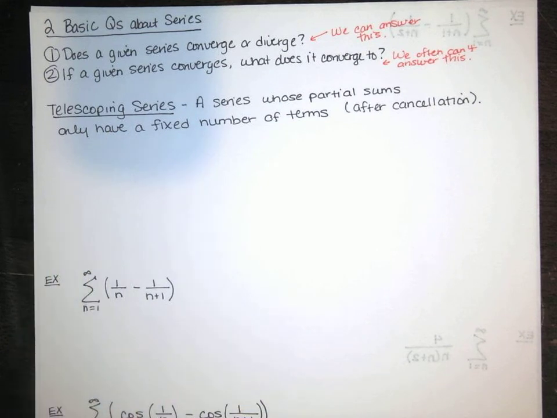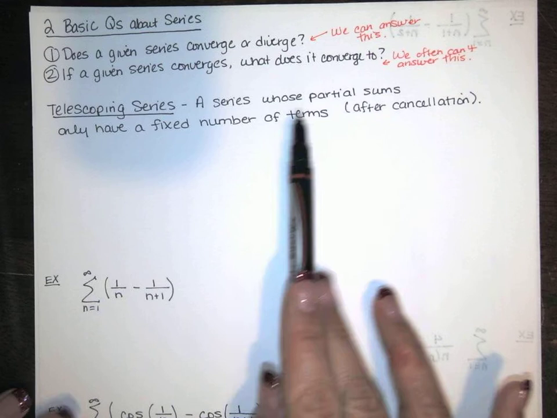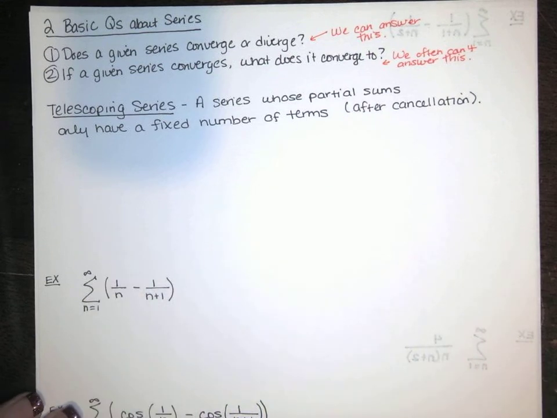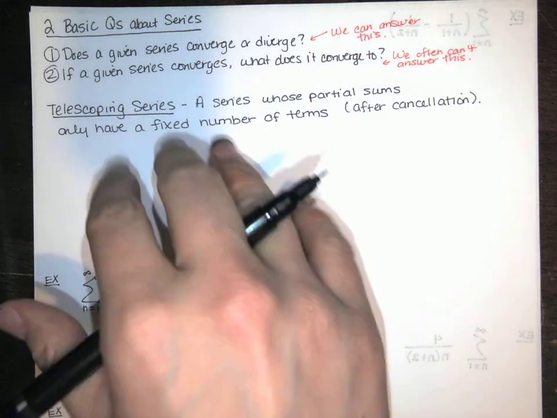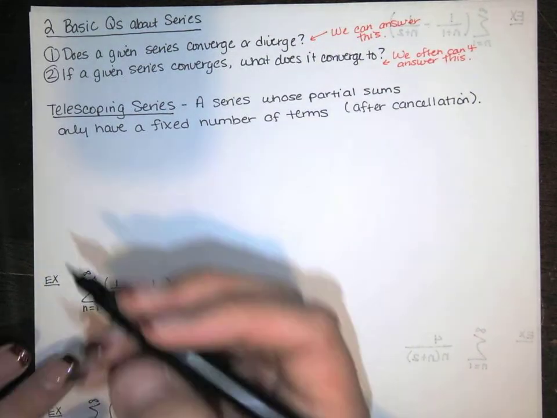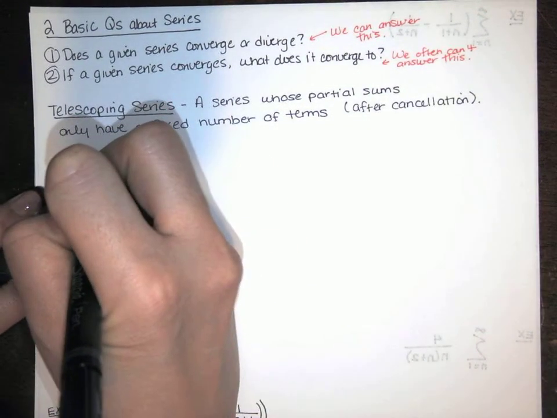Telescoping series are a particular type of series whose partial sums only have a fixed number of terms after cancellation. Here's the general formula. I'm going to go back to this formula after we look at some specific examples.